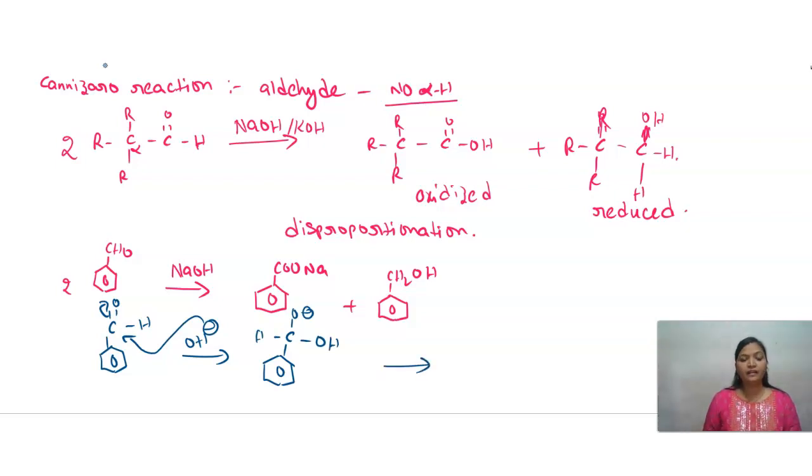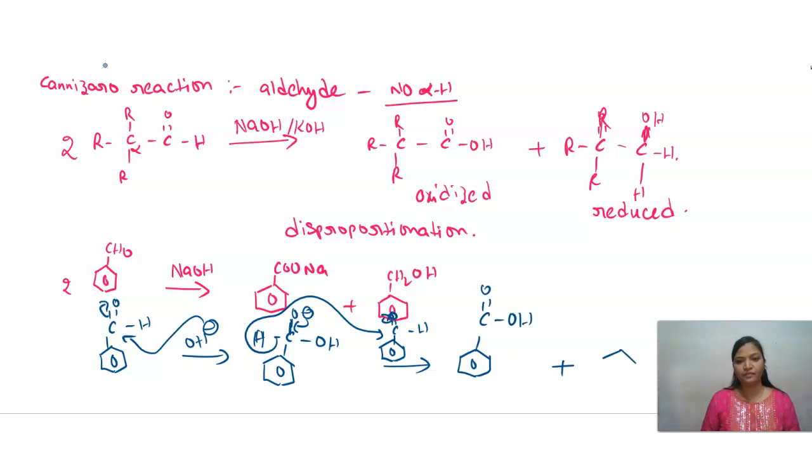Now another benzaldehyde will come and attack on this, and while the bond is rearranged, this hydrogen will go and attack on this carbon and this bond migrates towards oxygen. So here we will get C double bond OH.